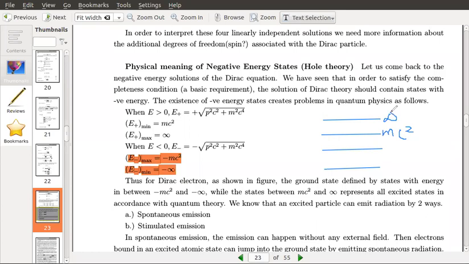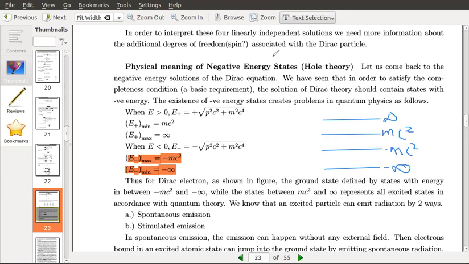Infinity I cannot draw, but still I am drawing that infinity, and this is minus mc square, and this is minus infinity. Actually, I can draw plus infinity and minus infinity. It goes to infinity, and this one goes to minus infinity. Okay, I think the figure is clear.